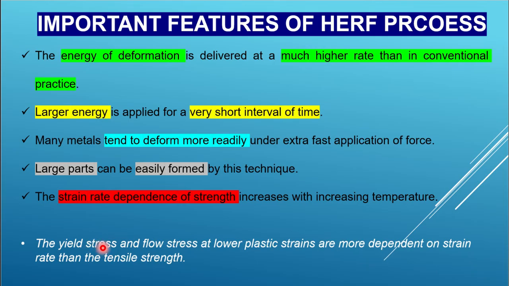You all know that yield stress is the stress up to the point where yielding happens, that is, immediately after the elastic limit, right? And flow stress is the stress after the yield point up to the ultimate point. So these are the important features of high energy rate forming processes.